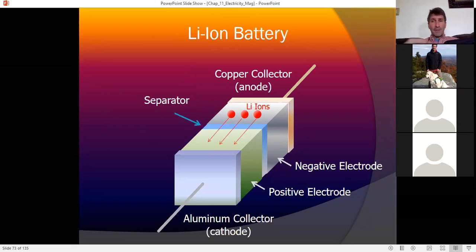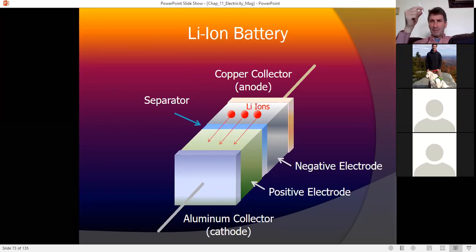Lithium ion batteries are probably one of the biggest technical advances we've made in a while, because they're able to store so much energy in such a small space. Your cell phones are operating off of lithium ion batteries. My computer right now is working off a lithium ion battery. My iPad is working off of a lithium ion battery.